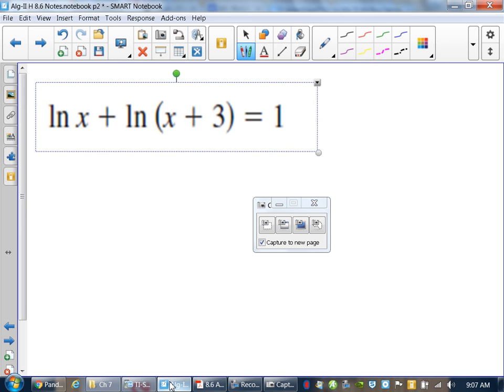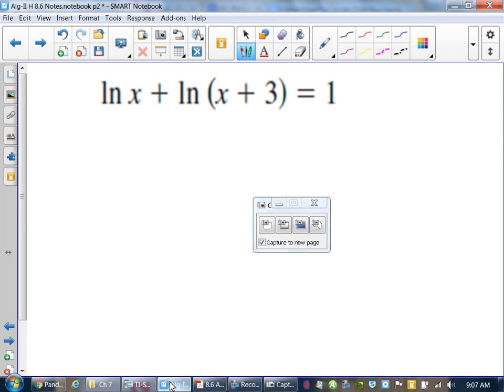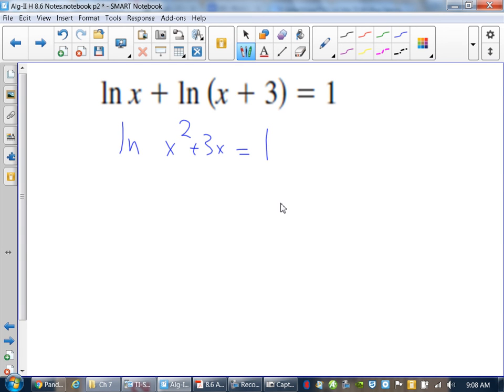Here, real quick, I'll show you. Natural log stands for log base E. You condense like you would normally. So that's natural log of x squared plus 3x equals 1. You E it.